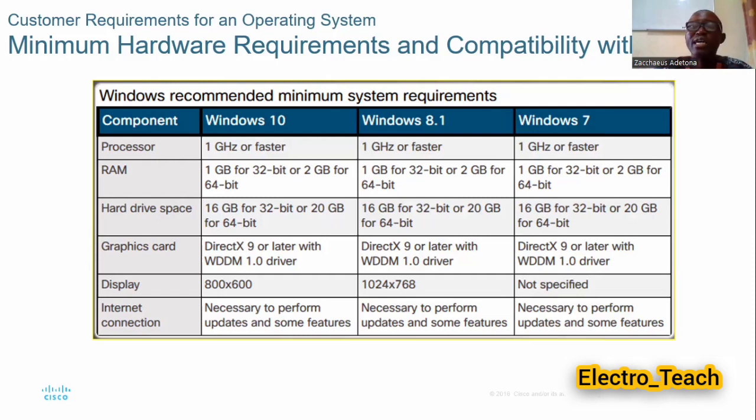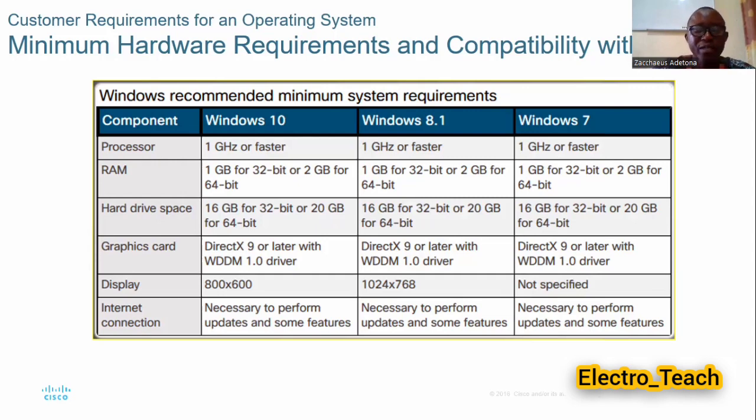Then for RAM, for Windows 10 we need at least 1 gigabyte for a 32-bit operating system, or 2 gigabytes for a 64-bit operating system. Windows 8.1, same thing. Windows 7, same thing.